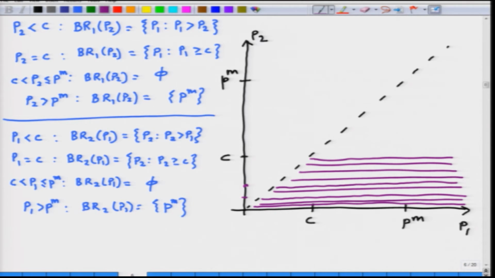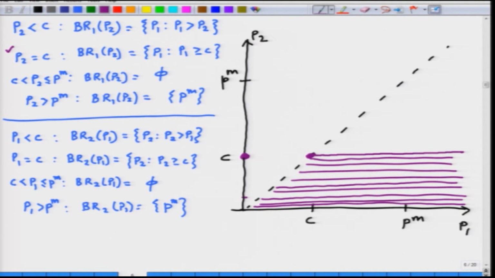Now, when P2 is exactly equal to C, let me just draw this again. When P2 is exactly equal to C, what is firm 1's best response? Firm 1's best response also is to choose a price which is exactly equal to C or something greater.